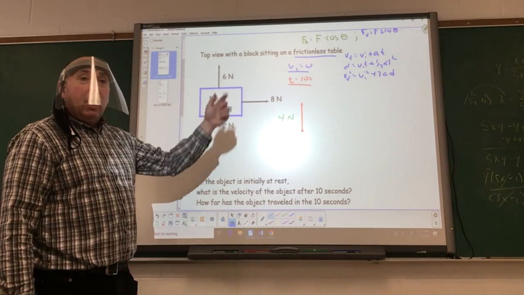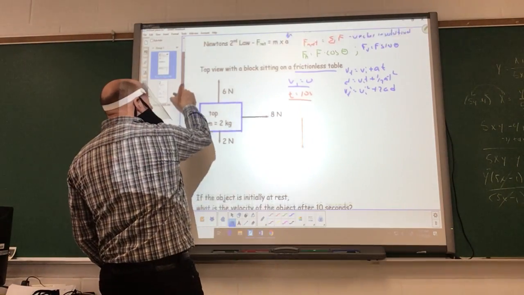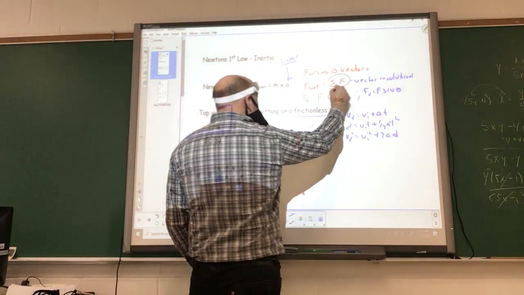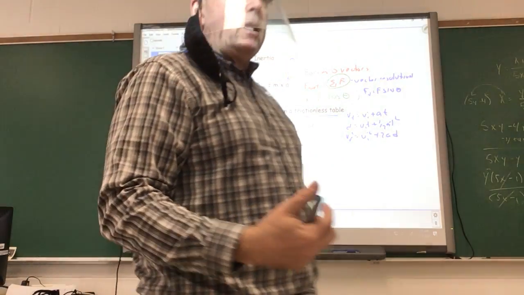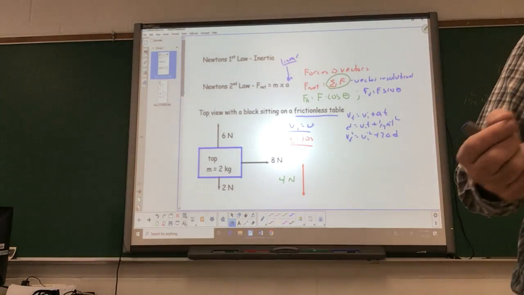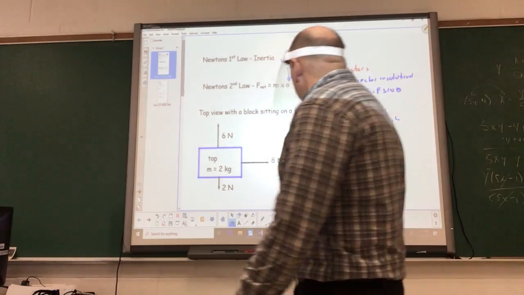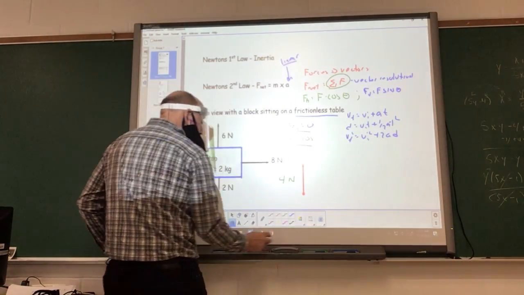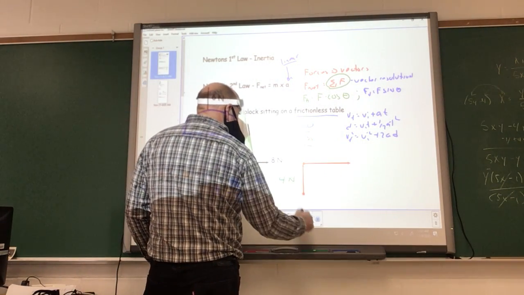But we have nothing to counterbalance the horizontal, so once again we have to take the sum of these vectors. We need to add them together. Well, how do I add vectors together? Tail to tip, tail to tip, tail to tip. So I got 4 newtons going up and 8 newtons going this way.